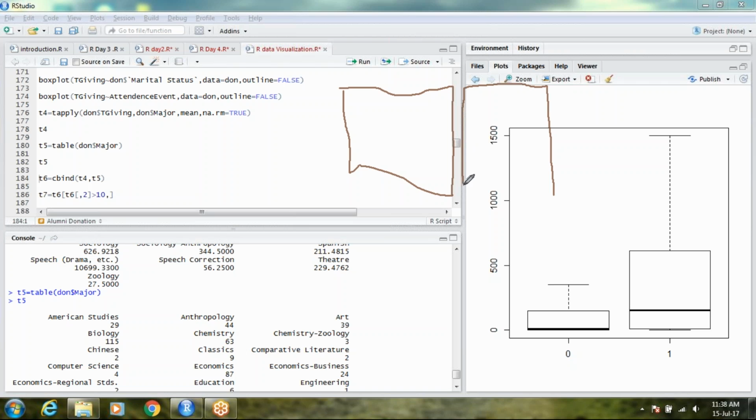So it is not a join, it is just a side by side concatenation of the tables. So these two will be added and become a single table like this. After addition, these two will become like this.